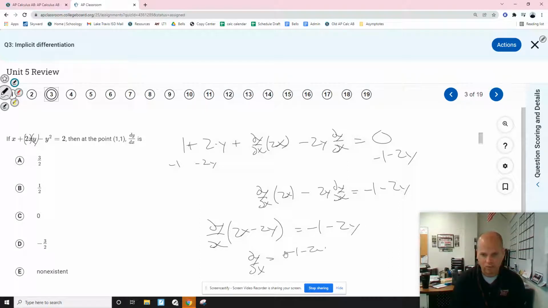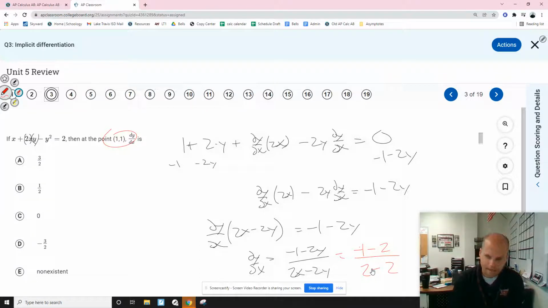Be as neat and orderly as you can be so that you prevent silly mistakes, which are frequent with implicit derivatives. Another silly mistake is, if this was 1, 2, plugging in 2 for x even though it's a y. Just pay attention to details. Fortunately, this is 1, 1, so that's easy.